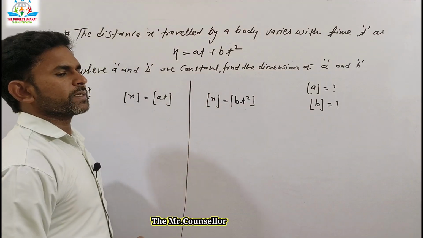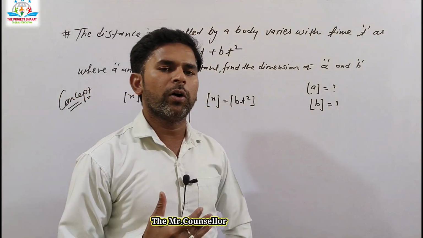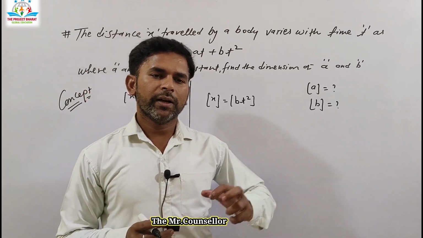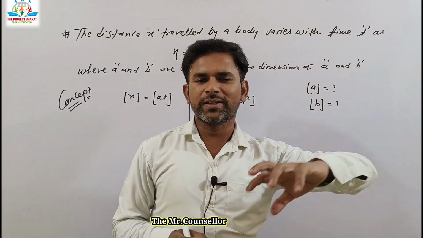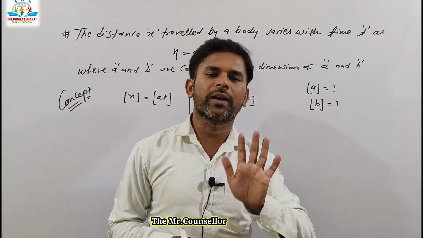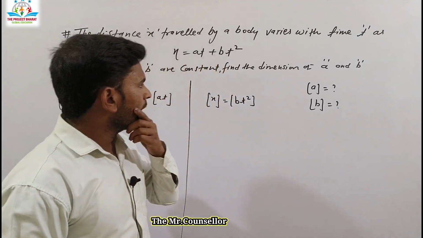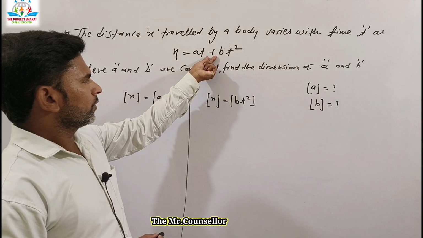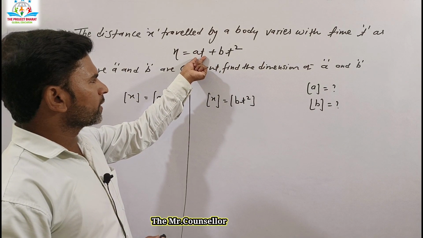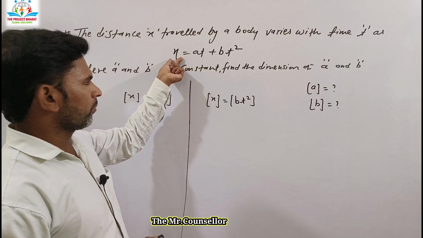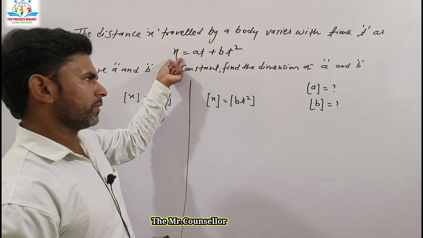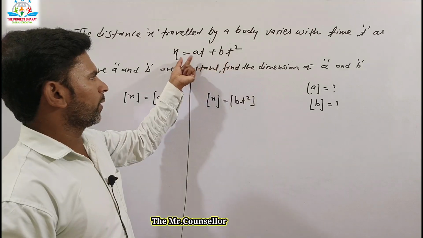They are using one concept, the principle of homogeneity. What is the principle of homogeneity telling? Any physical quantity, or any formula in physics, will be dimensionally correct. Here we have a plus, so the dimensional formula of this at will be equal to the dimensional formula of x, and this bt² will also be equal to this.